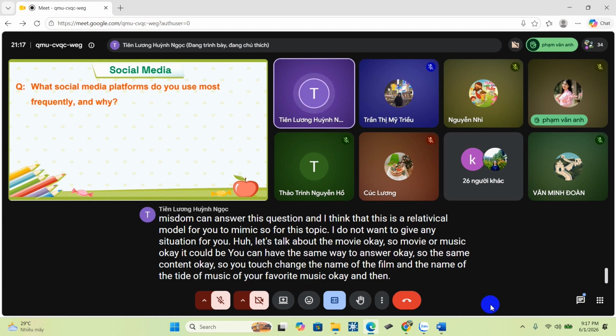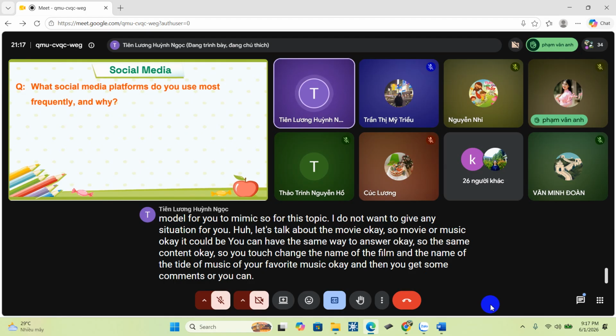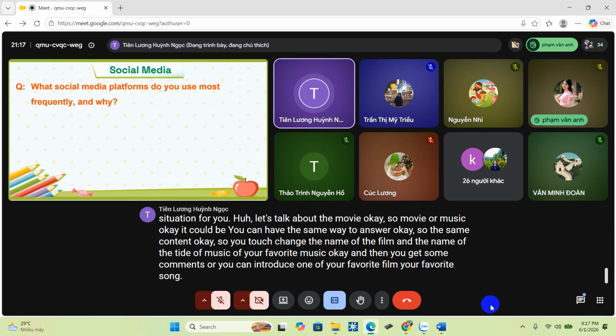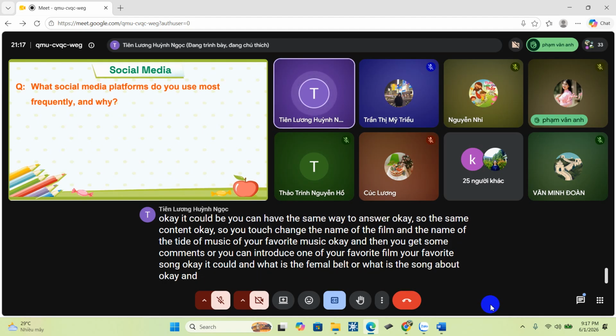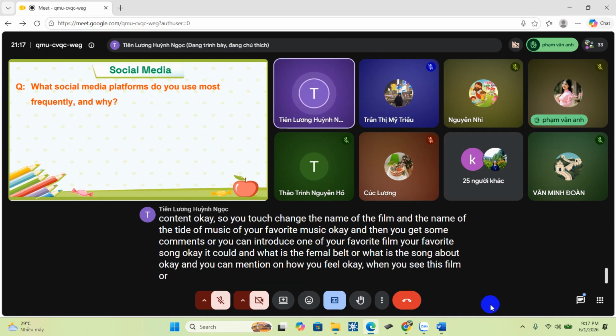Then you give some comments, or you can introduce one of your favorite films or favorite songs, and what the film is about, or what the song is about. And you can mention how you feel when you see this film or listen to this song.